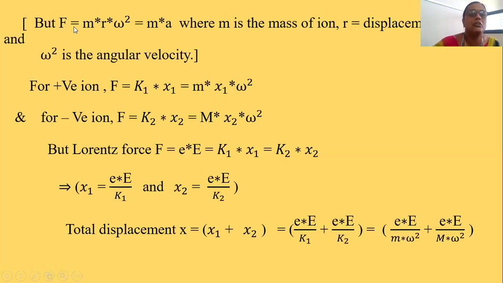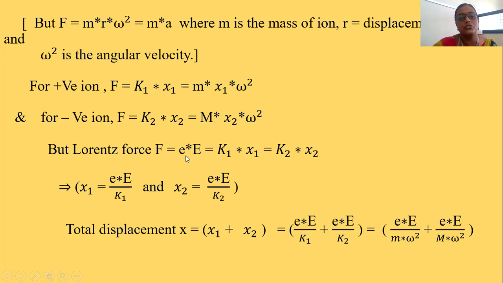So F is equal to M r omega square, where M is the mass of the ion and r is the displacement of the ion. For the positive ion, the restoring force is F is equal to K1 X1, where K1 is the spring constant for sodium, that is for the first ion, so that is M X1 omega square. For the negative ion, that is the chlorine ion, F is equal to K2 X2, that is M X2 omega square.